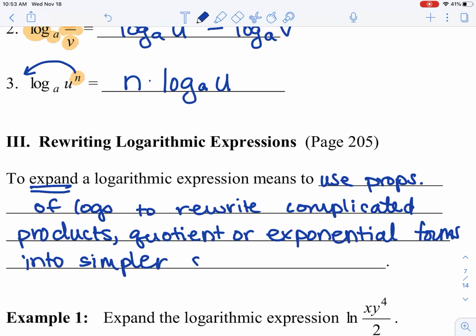Remember, we turn products into sums, quotients into differences, and exponential forms into products. Okay.